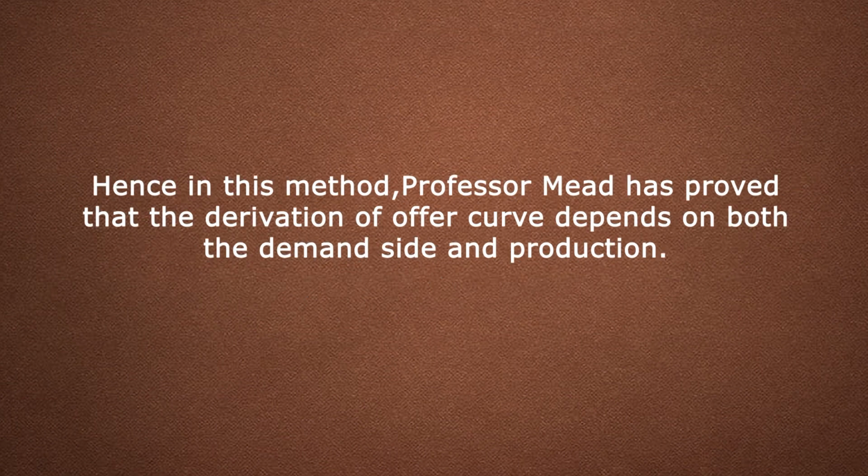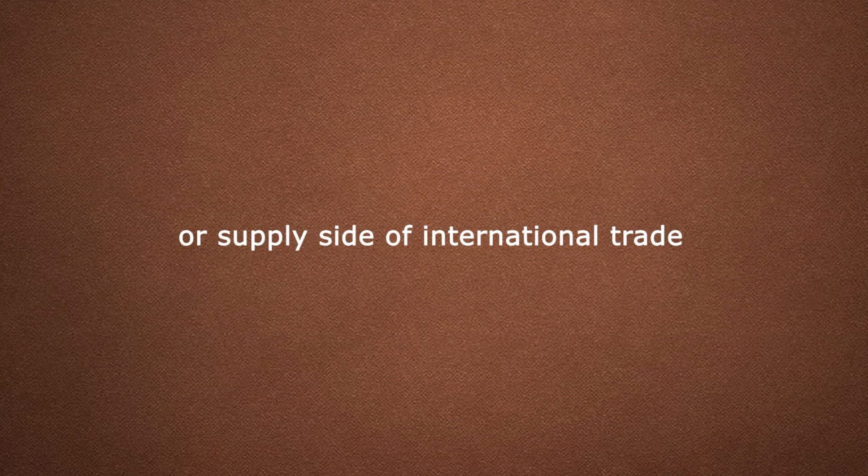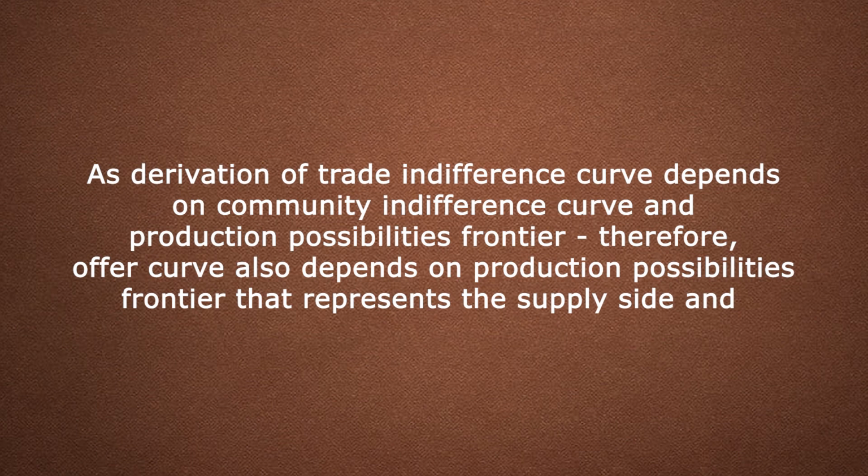Hence, in this method, Professor Meade has proved that the derivation of the offer curve depends on both the demand side and the production or supply side of international trade, as the derivation of the trade indifference curve depends on the community indifference curve and the production possibilities frontier. Therefore, the offer curve also depends on the production possibilities frontier that represents the supply side, and the community indifference curve that represents the demand side of international trade.